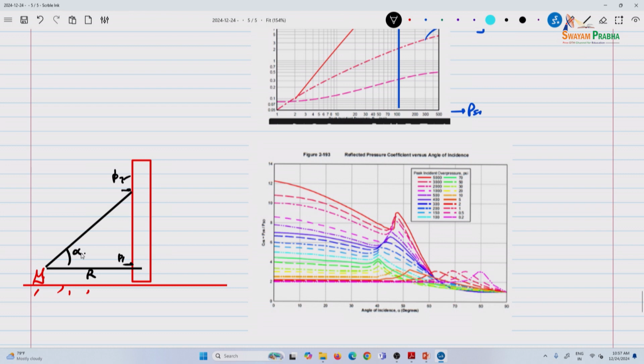So, you see all the different curves, it is not only dependent on this. This is CR, which is PR alpha divided by PSO. This is in terms of PSO. PSO is right here. So, it not only depends on the angle of incidence going down, but it also depends on the peak incident overpressure value.